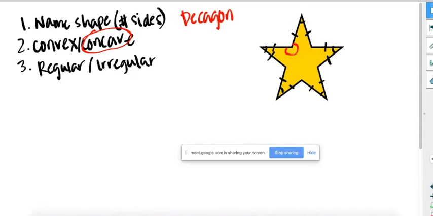Brooke, can you help Ben out? Irregular. Yes, it's irregular because of that angle that I just drew in red, right? So that angle is not the same. So this is an irregular shape. So you'll see definitely a question like that on the test. Any questions?